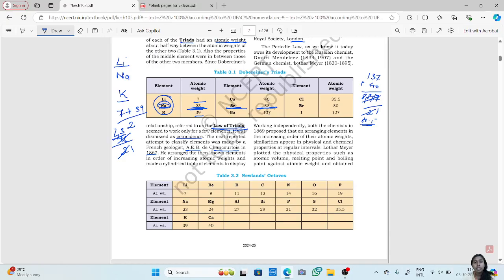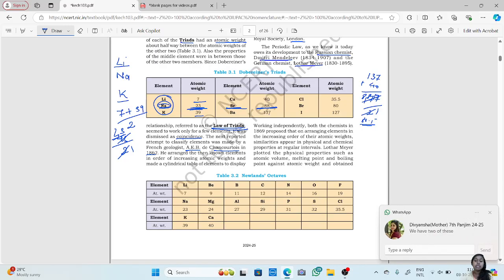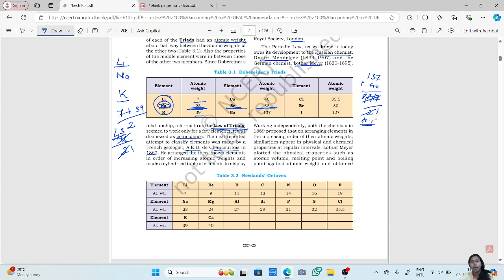Now the periodic law, as we know it today, owes its development to a Russian chemist, Dmitry Mendeleev, and the German chemist Lothar Meyer. Now these are the scientists who worked on them. Starting, they paved the way for the new periodic law.